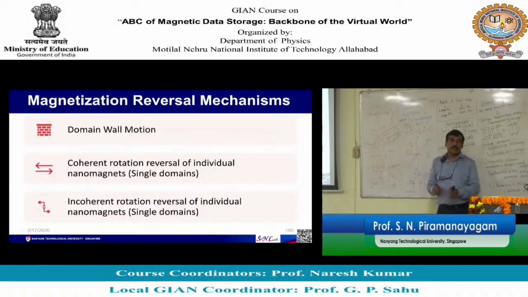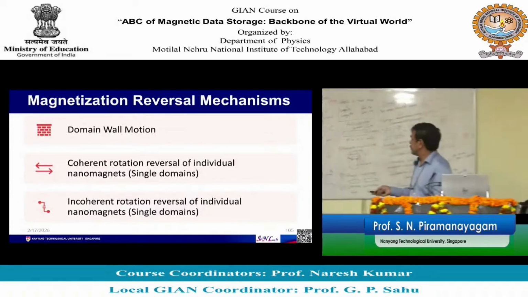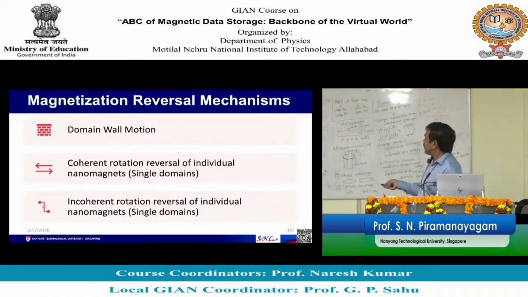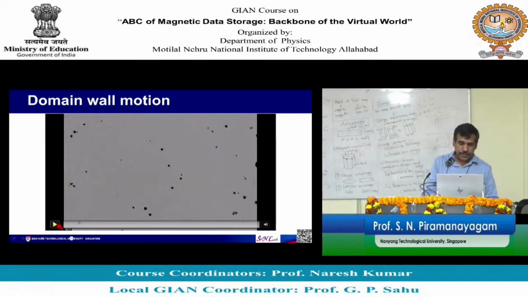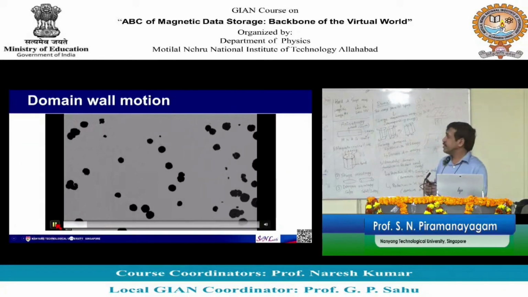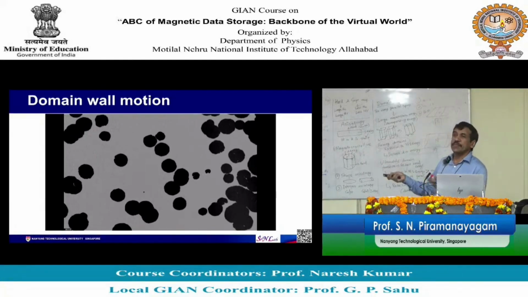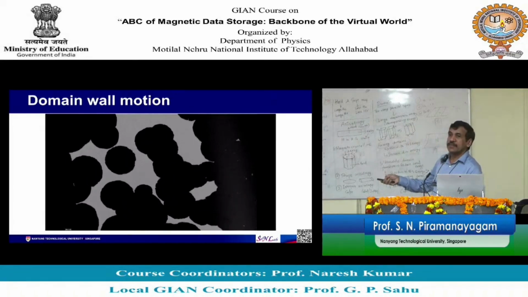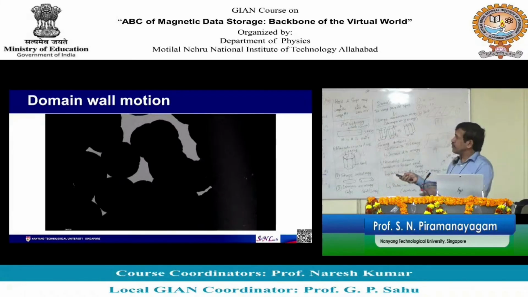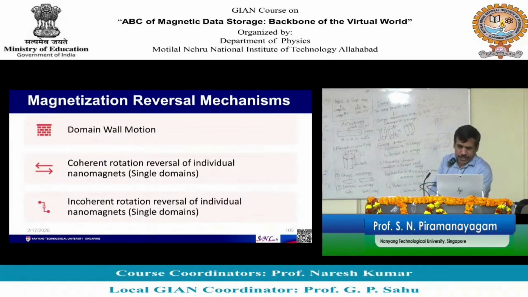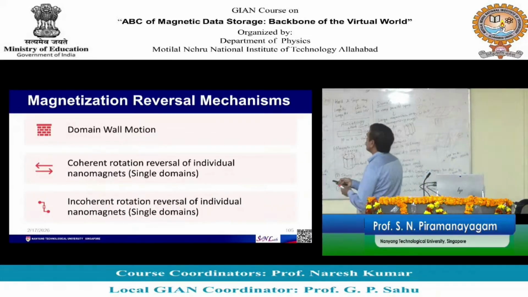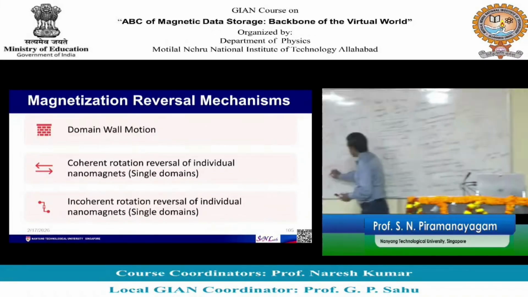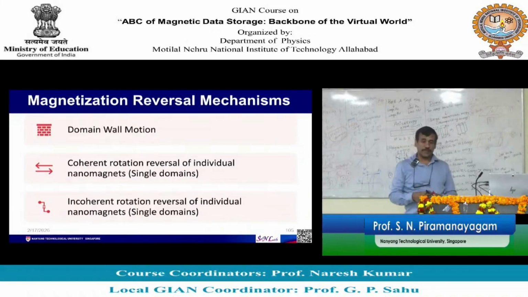All the tiny regions reverse their magnetization independent of each other. In domain wall motion, one region reverses first and the reversal spreads, like the filter paper, where you keep your pen and the ink spreads. On the other hand, in the case of coherent rotation, when your film has single domains, all the single domains will reverse independent of each other.